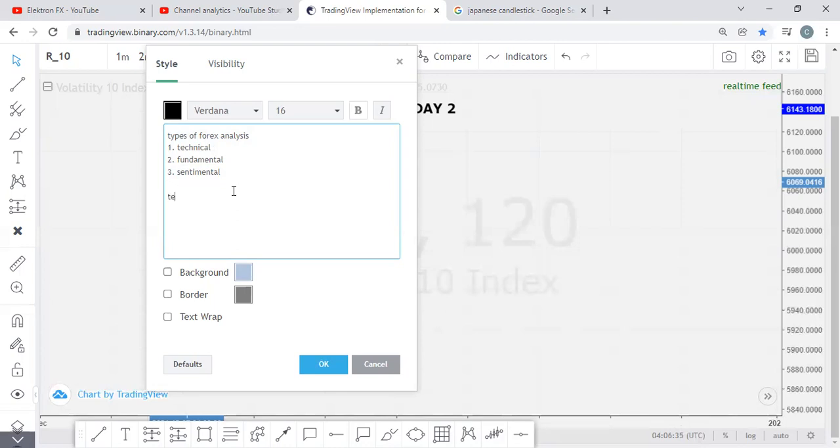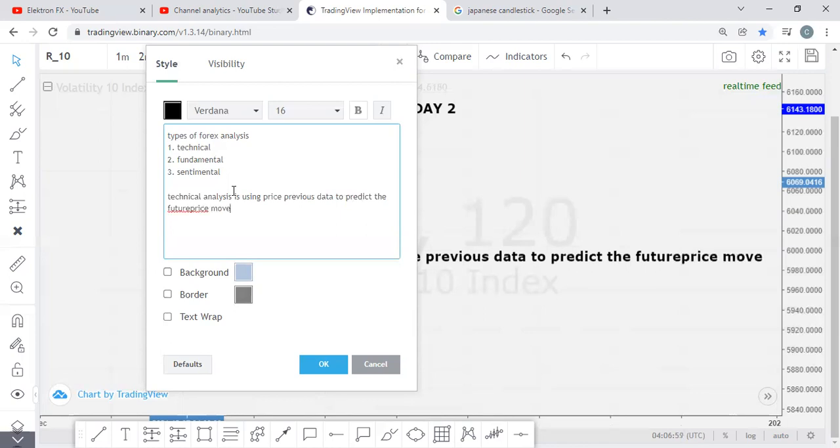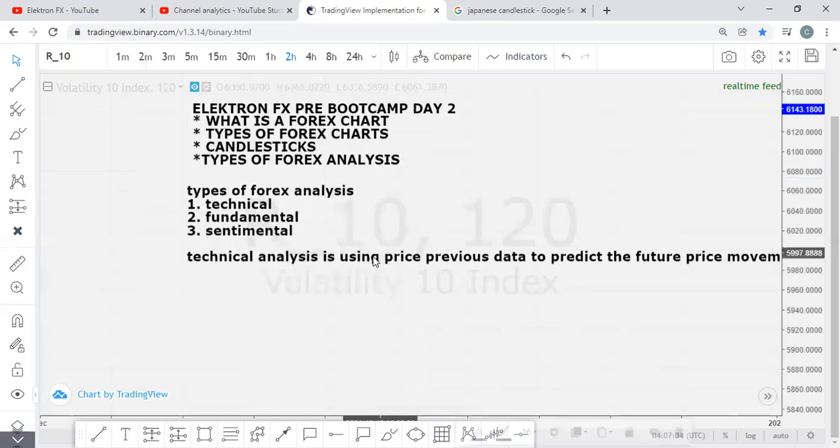Technical analysis is using previous price data to predict the future price movement. You're using the past price data to predict the future one.